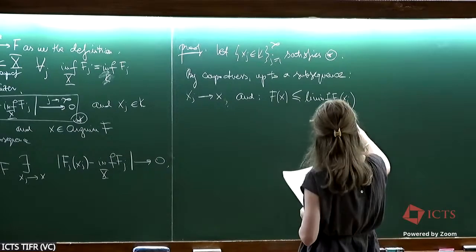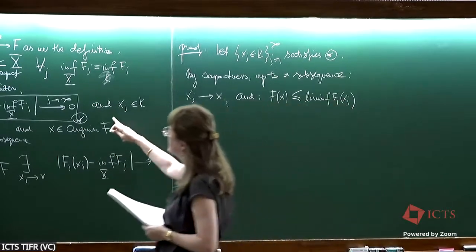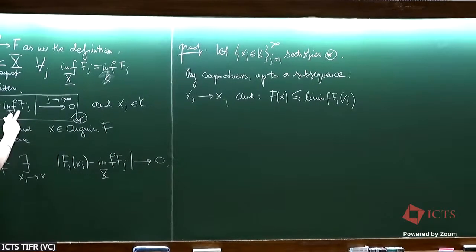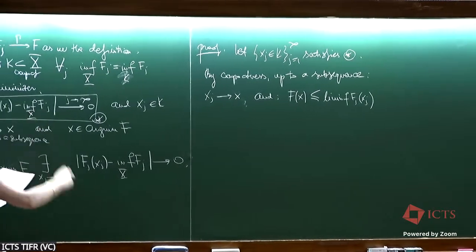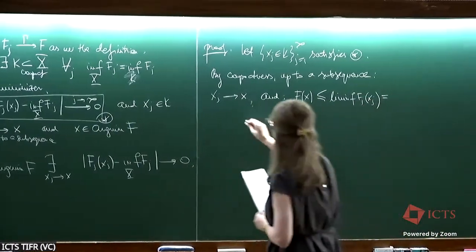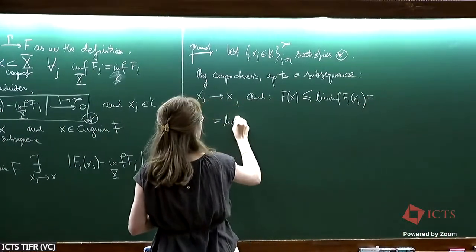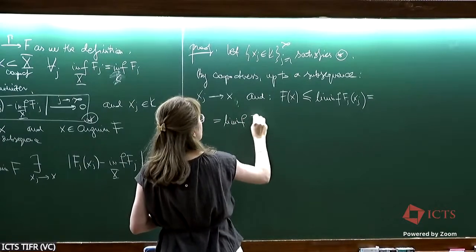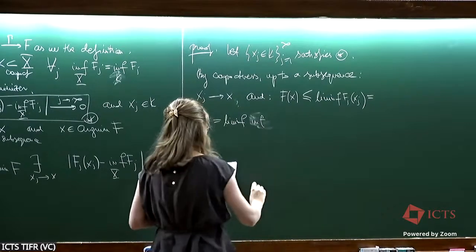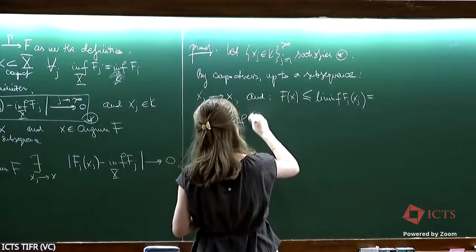But condition star means that this Fj of Xj behaves asymptotically the same as the infima of Fj. So this equals the limit of the infima of Fj.